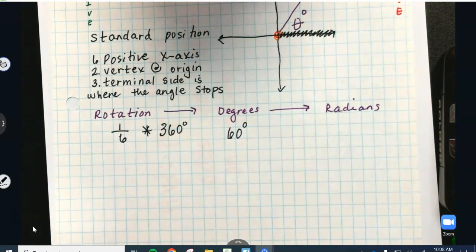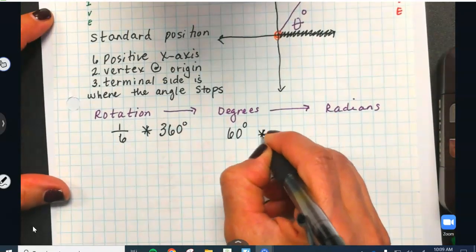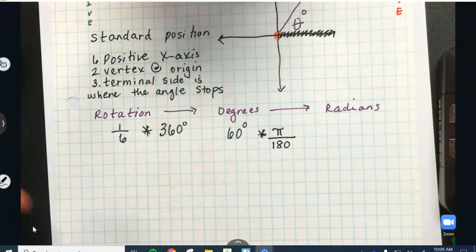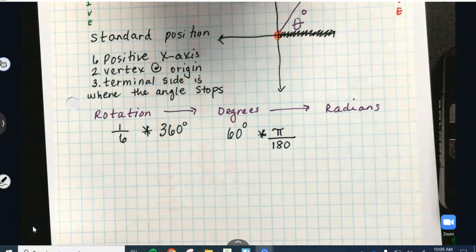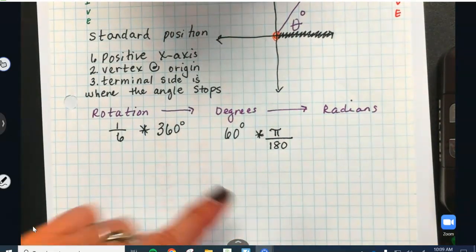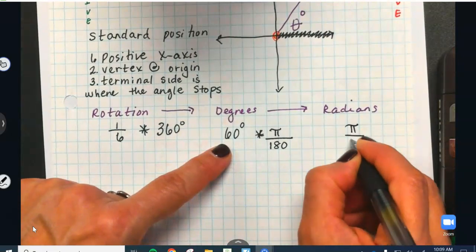And then remember, look at the top of your paper. To convert that to radians, we're going to multiply this by pi over 180. So it's going to be 60 pi over 180. 6 over 18. What does 6 over 18 simplify to? Yeah. So the radians, which you should already know because 60 degrees is on the unit circle, it's pi over 3.